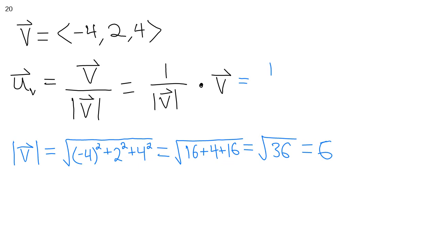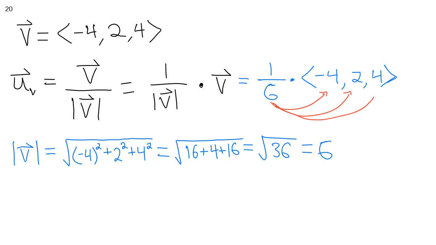1 over the magnitude of V, which is 1 over 6, times the vector V, which is negative 4, 2, and 4. When you multiply by a scalar like 1/6, you just distribute. So this 1/6 is just going to distribute, distribute, distribute.